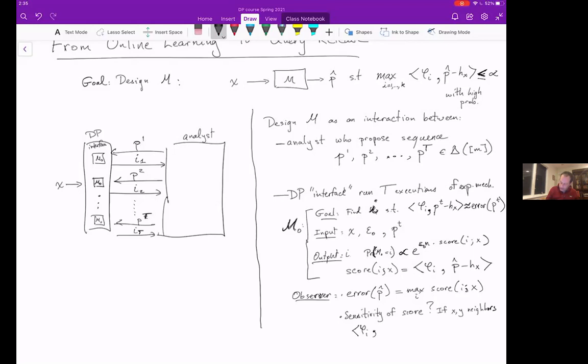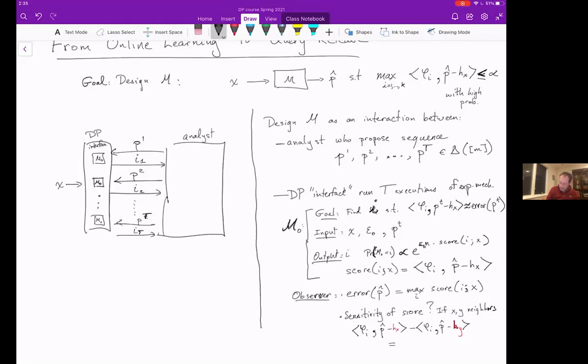So if I look at what's changing, if I change the data set, the only thing that's changing is the histogram, right? And so if I look at the difference in the score function, that difference is equal to phi inner product with P hat, which actually cancels.